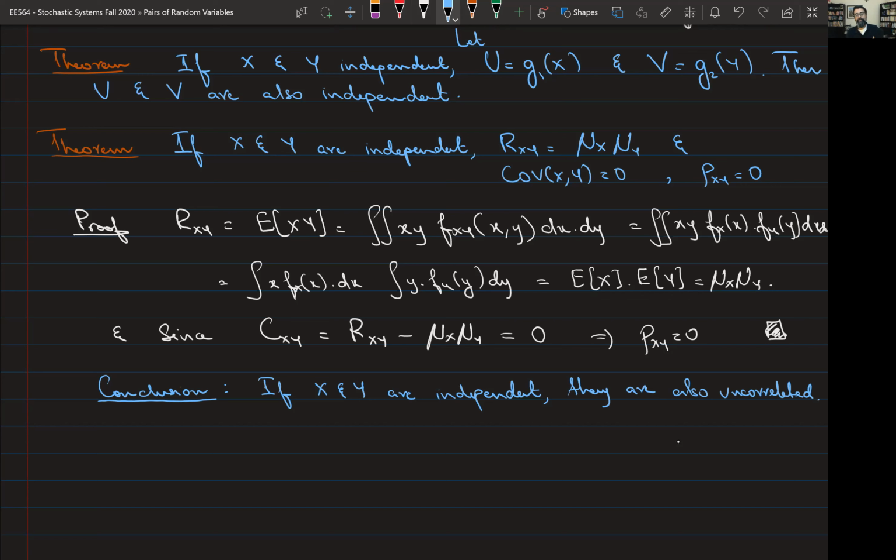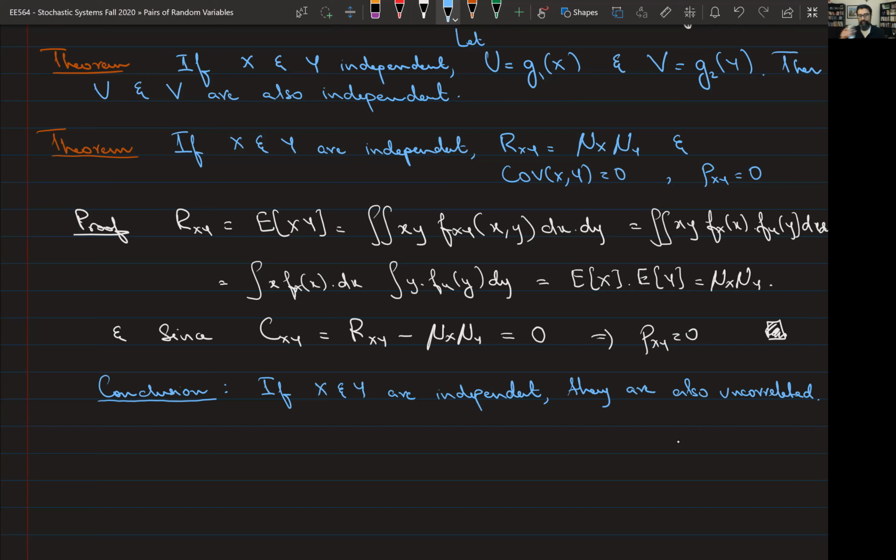That's an important conclusion. Two random variables which are statistically independent must be uncorrelated, and uncorrelated in the sense that their covariance would be equal to 0.